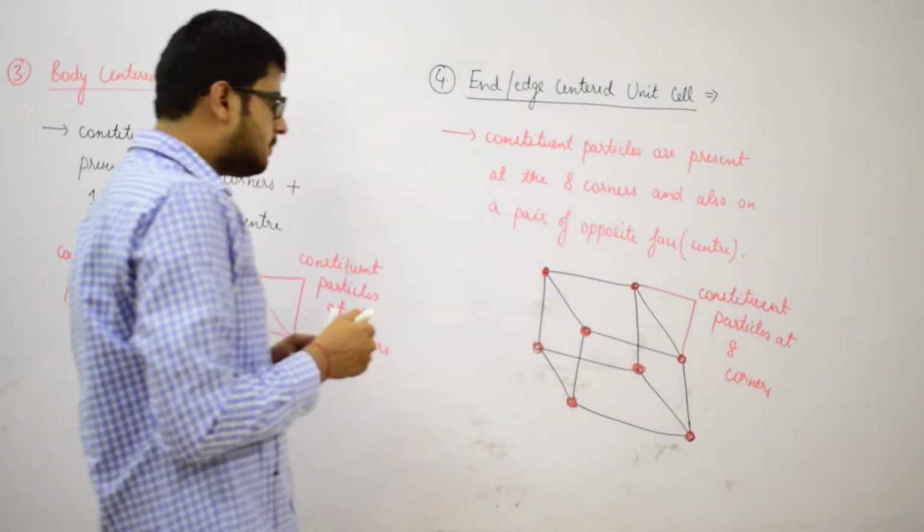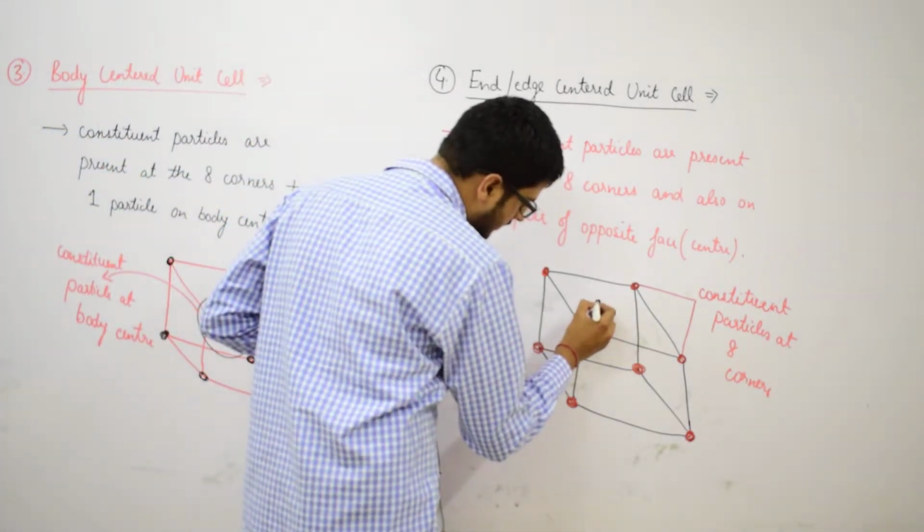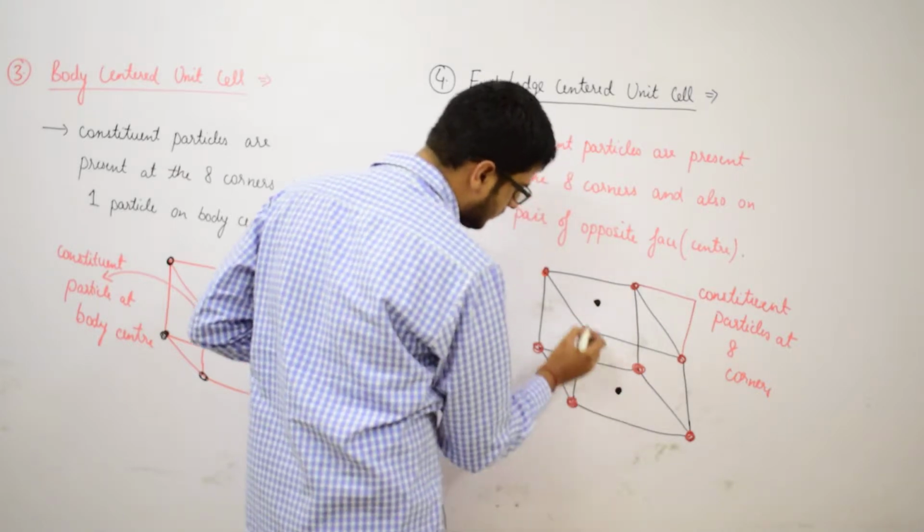and one would be on the pair of opposite faces. So, let one be here and one would be in the middle of this face.